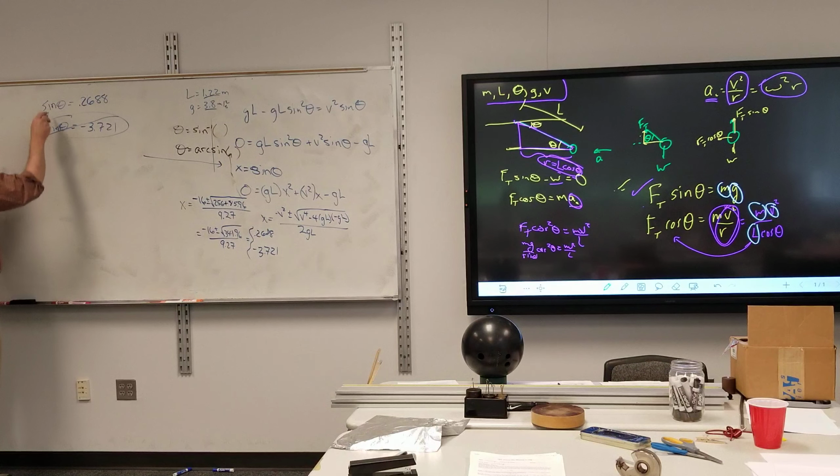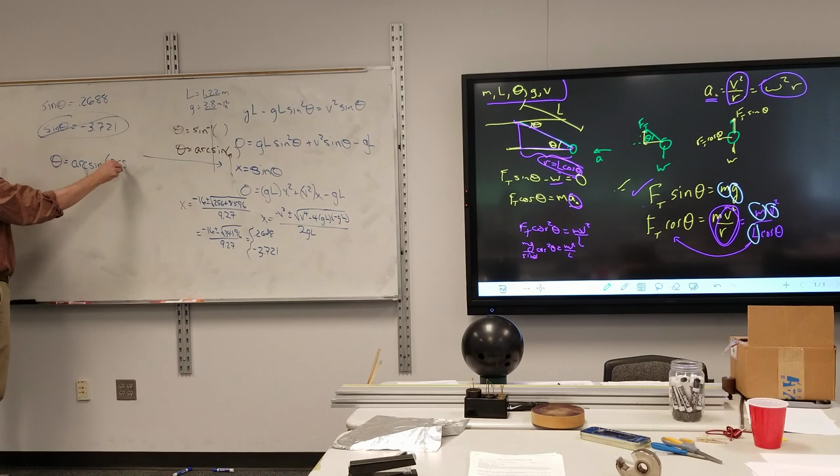Eliminating that one, we're left with the sine of theta equal to 0.2688. In other words, theta is equal to the arc sine of 0.2688. On my calculator, I enter 0.2688 and then hit the arc sine button. Or on your TI-84 or whatever, you get inverse sine of 0.2688.